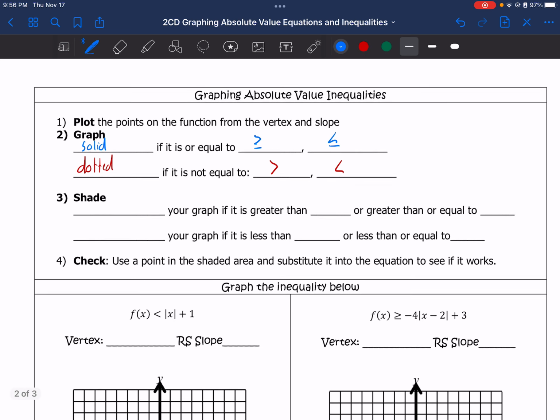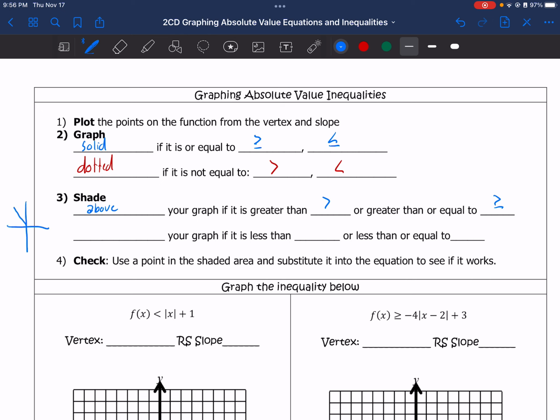After you graph your absolute value graph, either using a solid or a dotted line, we have the extra step of shading. We have to shade above the graph if it is greater than or equal to. So this could look like a graph that looks like this.